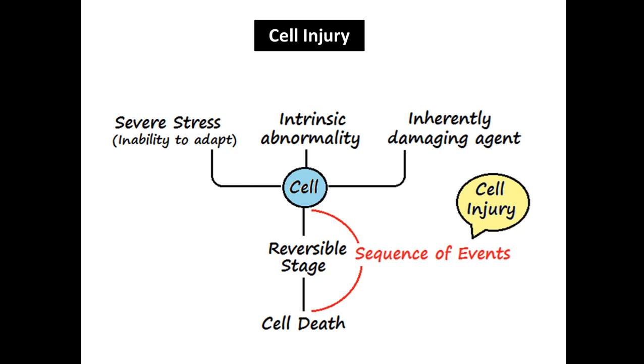But it depends on the adaptive capability of the cells. So if the stress is very severe or if the cells are unable to adapt, this will lead to cell injury.